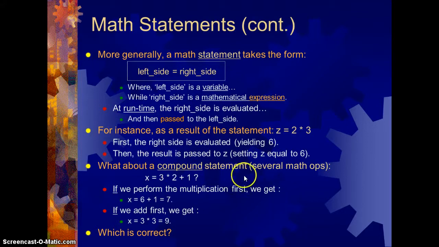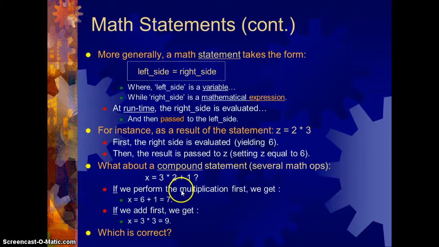What about a compound statement, that is, one with several math operations? Suppose we have this. This could be ambiguous. What do I mean? If you do 2 plus 1 first, you get 3, and then 3 times that is 9. But if you do the multiplication first, you get 6, and then plus 1 is 7.